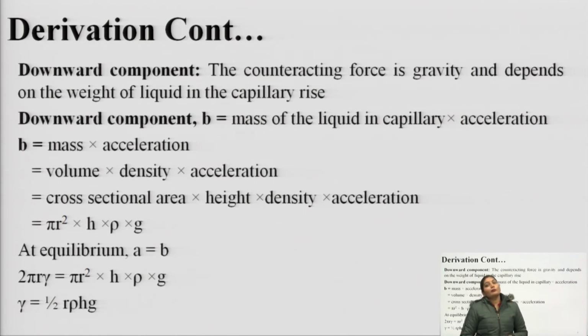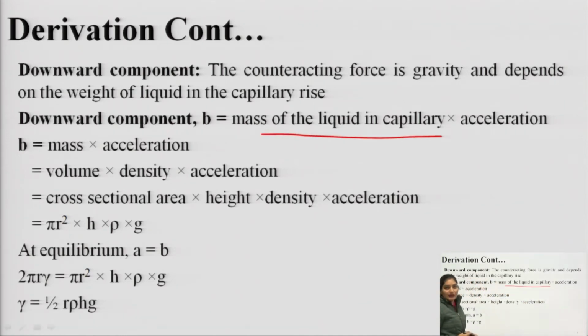And the downward component is represented by the letter B, and this B is equal to the mass of the liquid in the capillary multiplied by the acceleration due to gravity, that is represented by g. Okay.